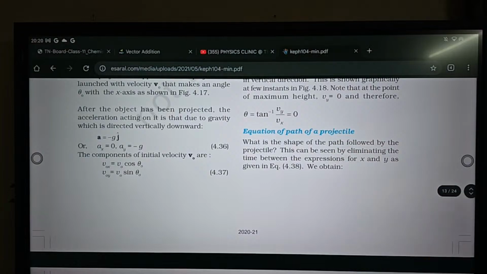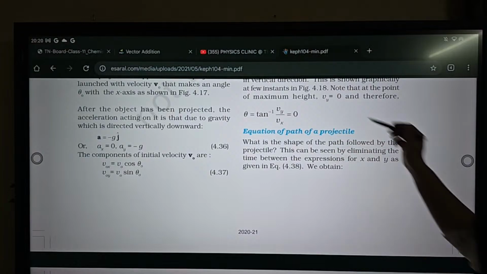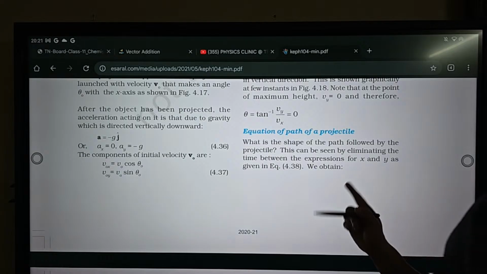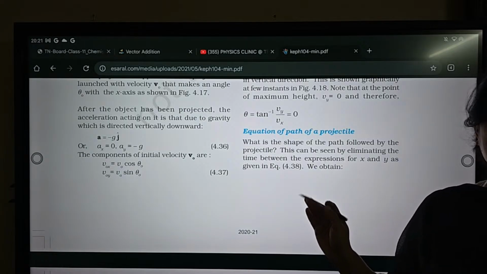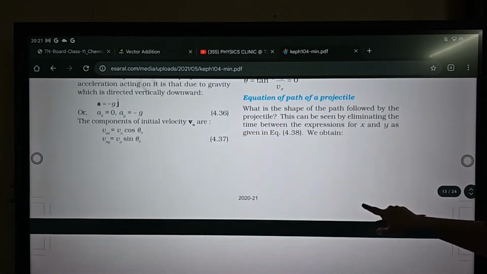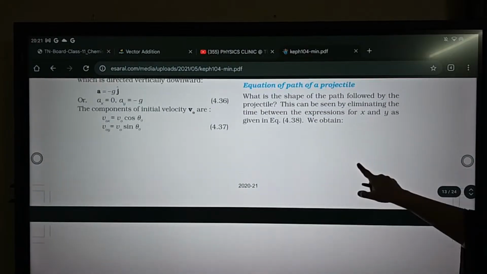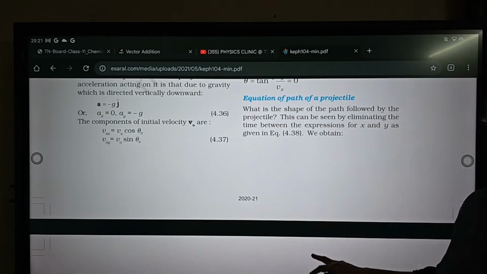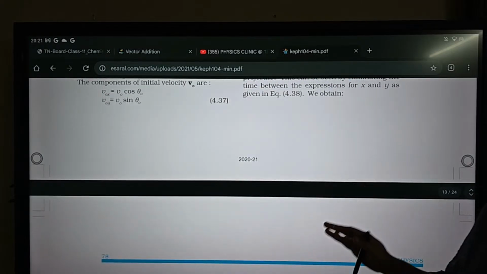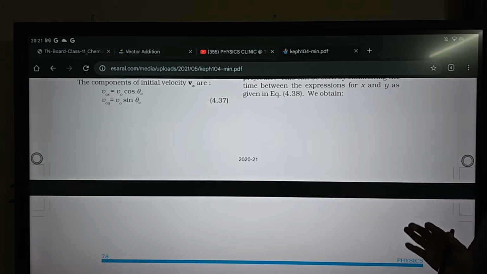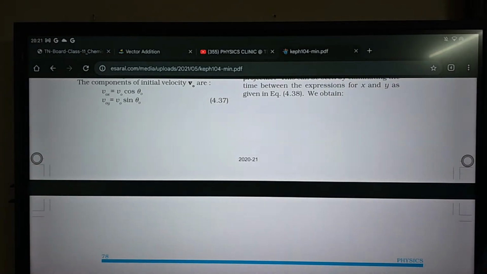So theta will be 0 at maximum height if you put Vy equal to 0. At the maximum height, theta is also 0, parallel to the x-axis. Then we are going to find the equation of the path of a projectile. You know, the path of a projectile is like a parabola. We are going to confirm that it is a parabola. If it is a parabola, definitely it is a quadratic equation.